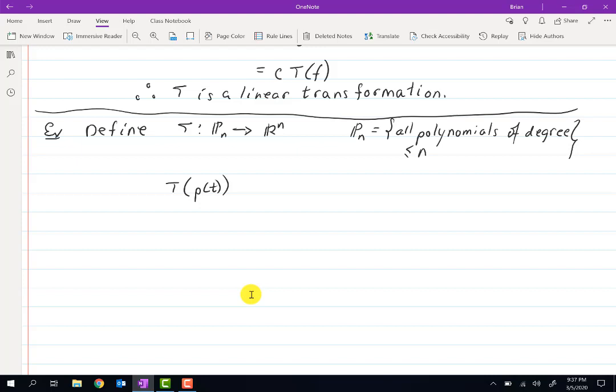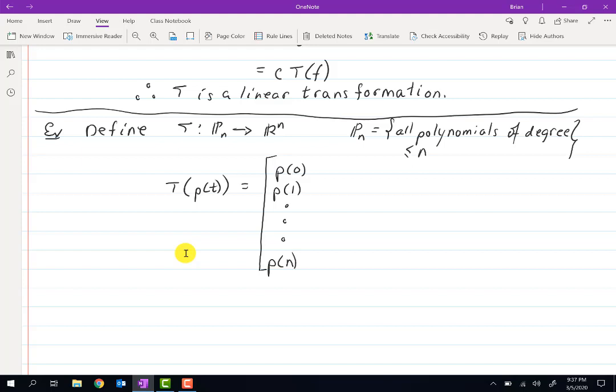So remember, the vectors in this particular set are polynomials, so that's why I'm using that here. And the definition I'm going to use is the following. In the first coordinate, remember, R to the n are vectors that have n coordinates. So what I'm going to do is put p of 0 in the first spot, p of 1 into the second spot, all the way down until I get to the end. I'll put p of n.